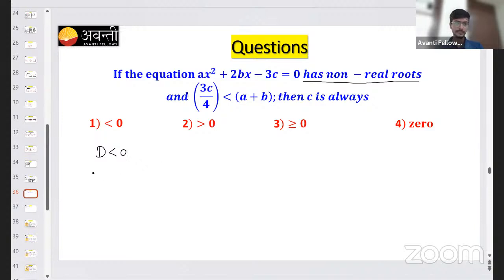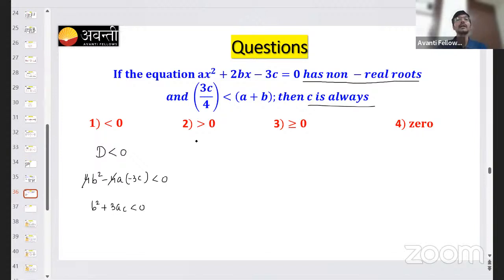So what will be the discriminant? 4b square minus 4a minus 3c less than 0. We have to find c, right? So 4 तो cancel हो जाएगा, common आके I'll get b square plus 3a c less than 0.